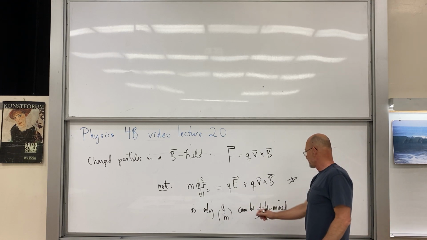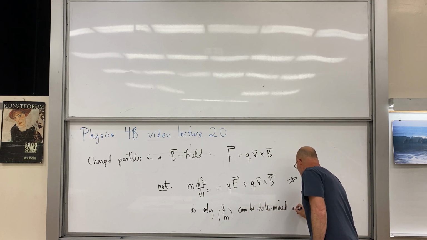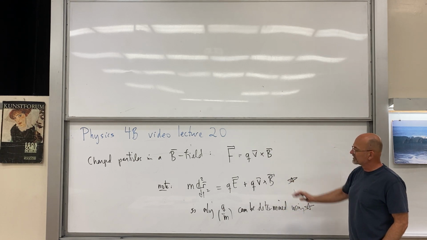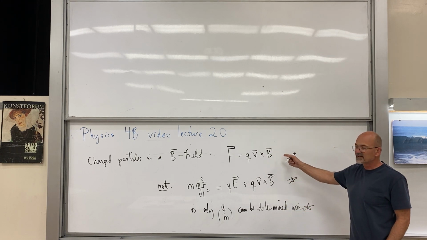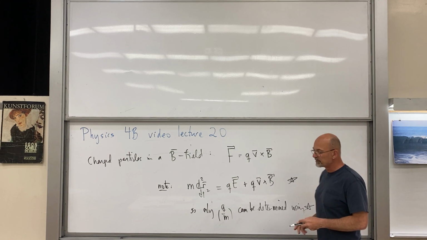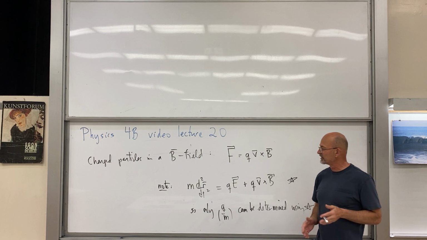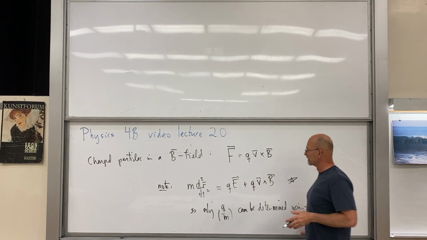So only q over m can be determined using this equation here, the dynamics. We're going to go back to and look at the circular motion a bit, and I won't demonstrate to you, but I'm going to show you a device that we'll try to use later.